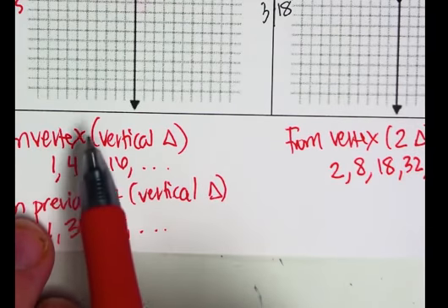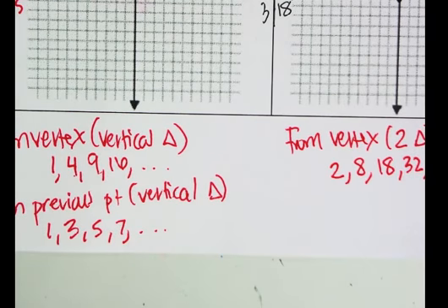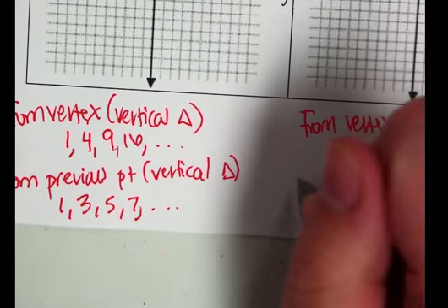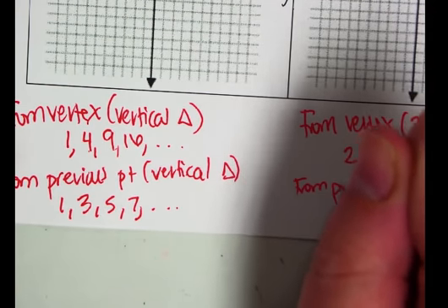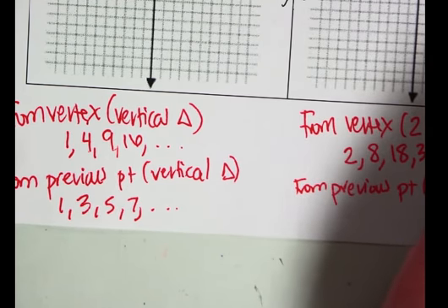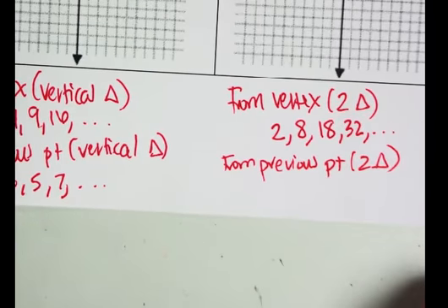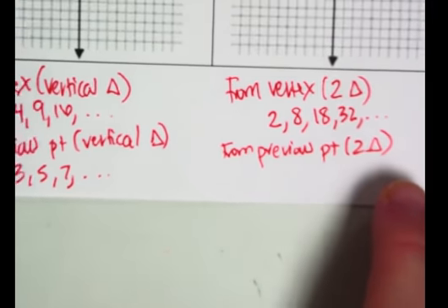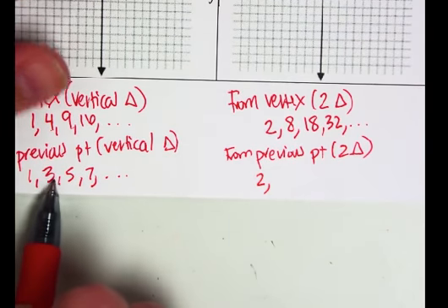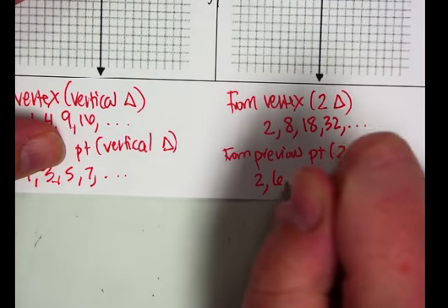Okay, so we're just taking the original vertical distance from the vertex, and we just doubled each one of those amounts. If you use the idea from the previous point, it's the same idea, it's just 2 times that change. So where originally we went up 1, now we're going to go up 2. We went up 3 before, so now we'll go up 6.